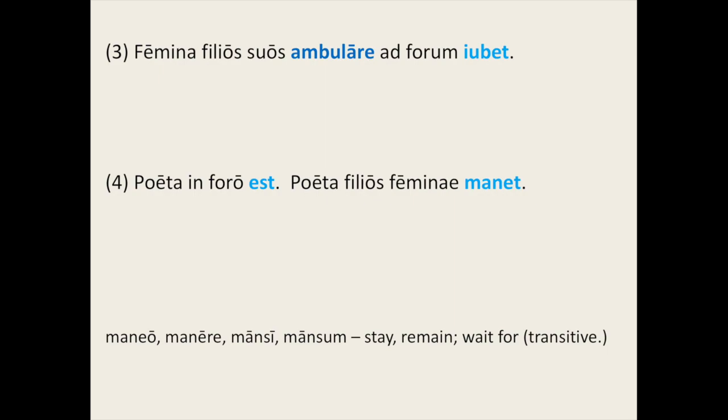In the first sentence, the word suos is a possessive adjective, which can mean his, hers, its, or theirs, depending on whose ownership to which it refers. In this sentence, it refers to the children of the woman. Bear this in mind, it should make it much easier to work out the case of feminae in sentence 4. Pause this video and see how you get on.